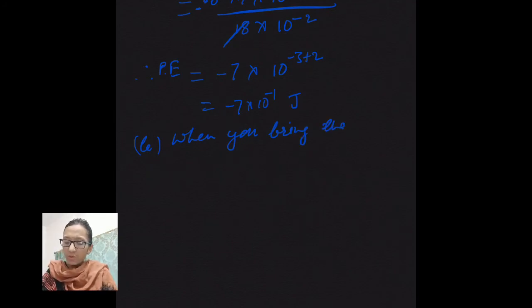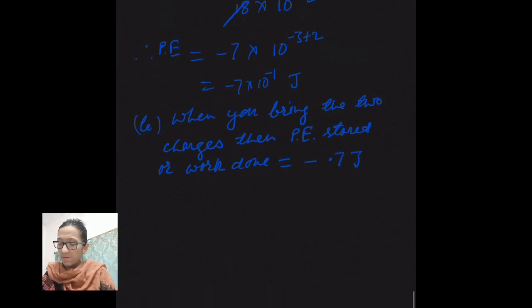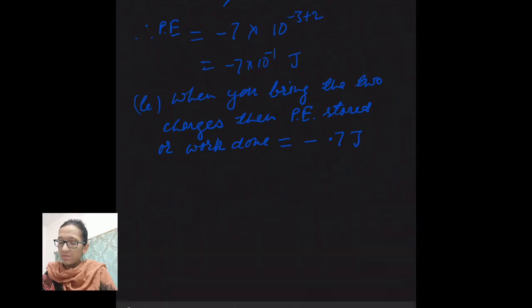When you bring the two charges close, the potential energy stored, or work done, equals minus 0.7 joule.